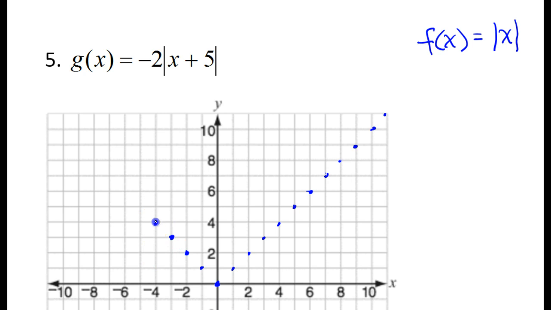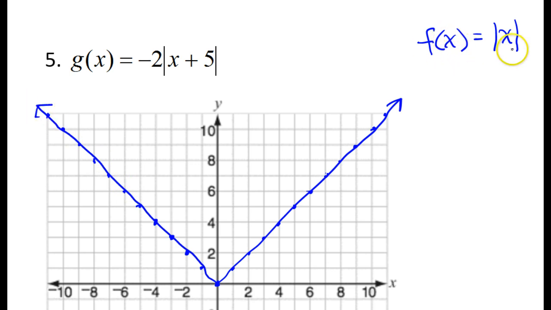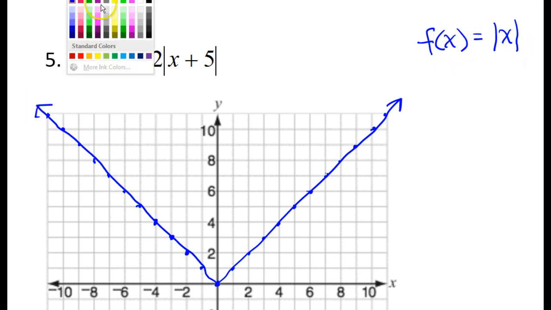The absolute value of -4 is 4, etc. So that's why it forms a V shape. So this is the original function. F of x equals the absolute value of x.